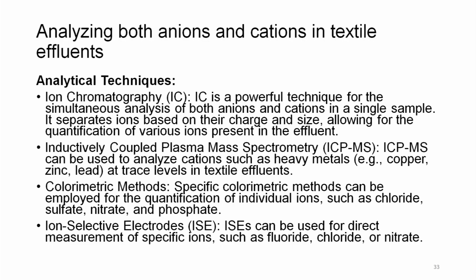Ion selective electrodes, ISE, can be used for direct measurement of specific ions such as fluoride, chloride, nitrates, etc. So, whether we are using any of these or all of them to verify if the contents are high is also possible, depending on the fact that they are available in the laboratory.